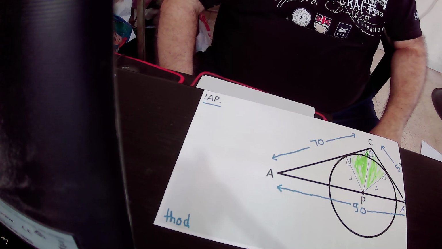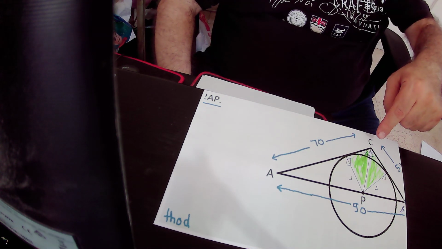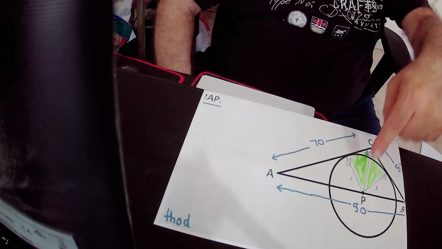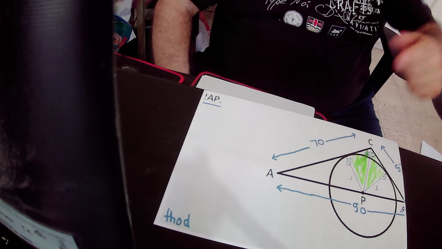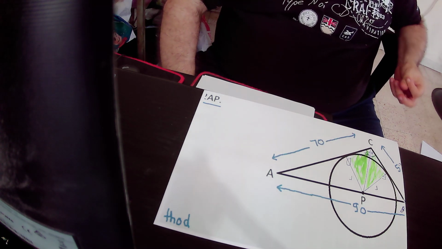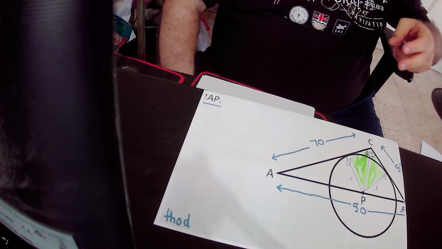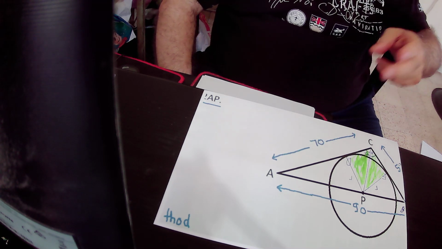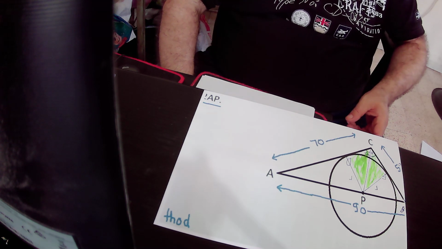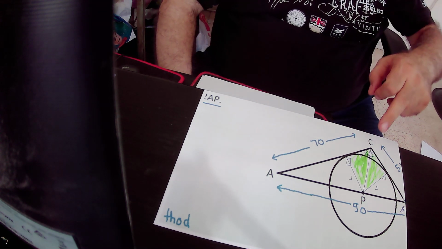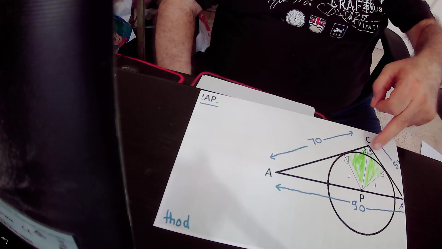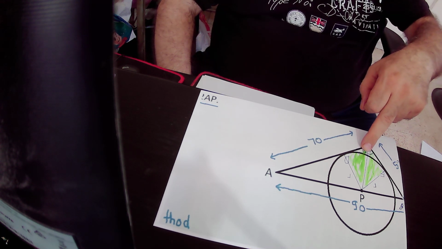And for that reason angle PCE equals angle PCD, according to the rule that corresponding angles in congruent triangles are equal to each other. So we call this angle theta, and this angle must also be theta.